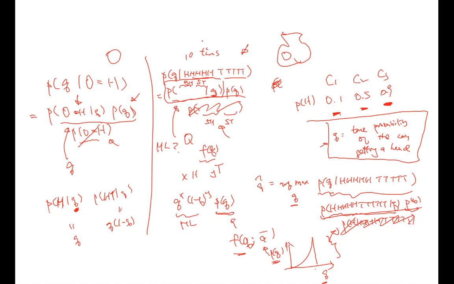Let me just make sure that you guys are following me. For example, for these two distributions here, A and B, which situation is more likely to get a head?